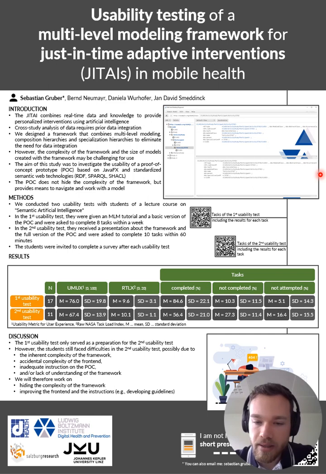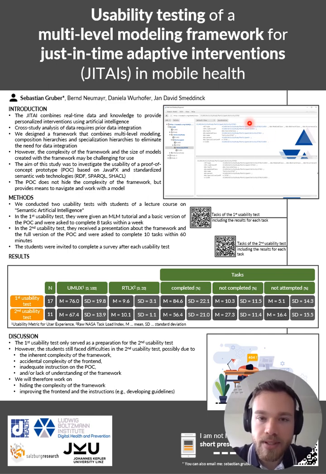We basically reduced complexity in the first usability test by removing or simplifying the example so that they only have to deal with one level of composition hierarchy, so they can focus on getting used to multi-level modeling.